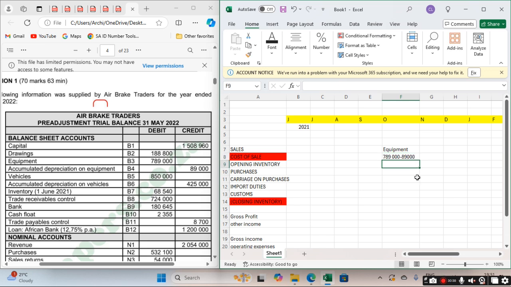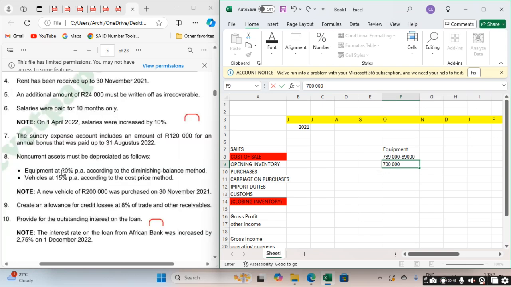And then the answer we're going to get there is 700,000. So this 700,000 is what you multiply by 20%.